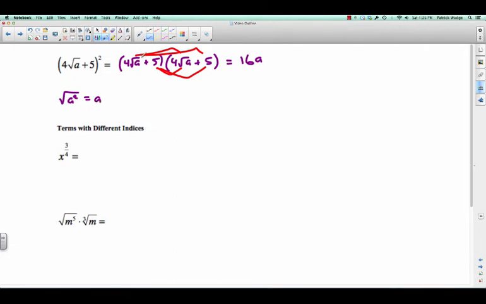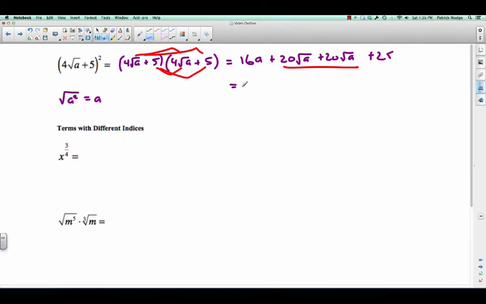Okay, the second one. 4 times 5 is 20, and then root a times, well, there's nothing there, so it's root a. Because you could think of it like the square root of 1, I suppose, and a times 1 is a. Okay, the bottom one, 5 times 4 is 20, and you have another root a, and then 5 times 5 is 25. Anything you can combine? Yes, those are like terms.